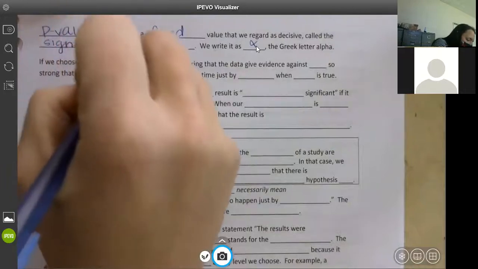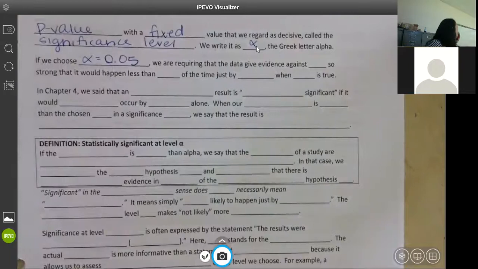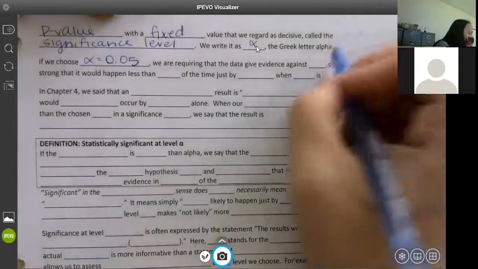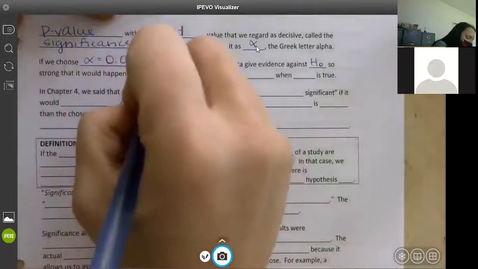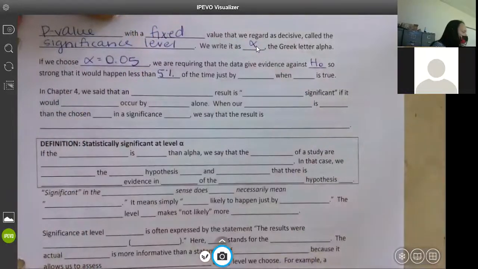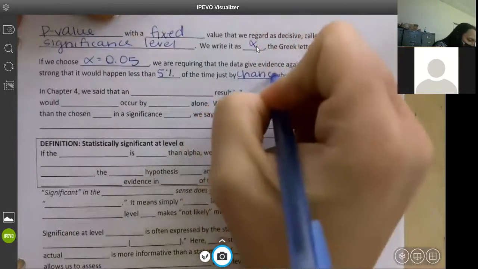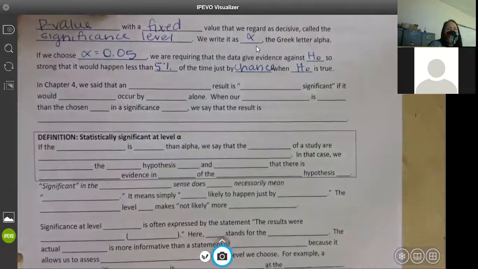Your most typical alpha is 0.05. So we'll compare that percent to 0.05. Are there other ones? Absolutely. This is the most typical, this and 0.10 is typical in stats. We are requiring that the data give evidence against H sub O so strong that it would happen less than 5% of the time, just by chance, when H sub O is true.